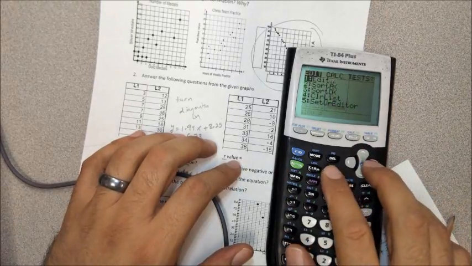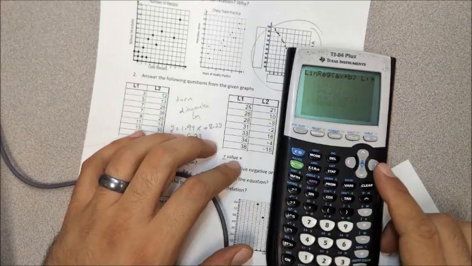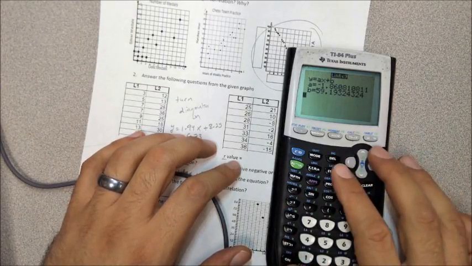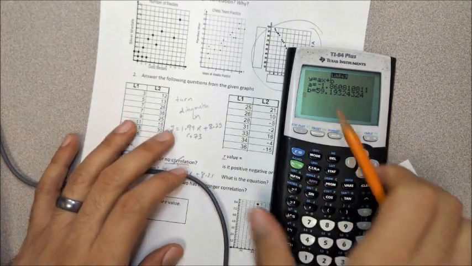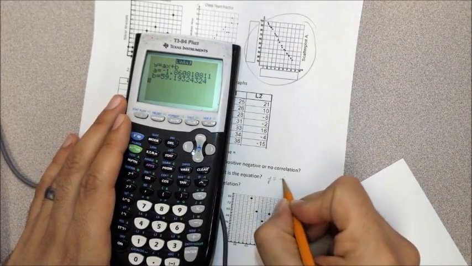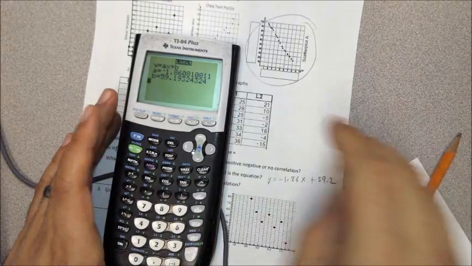Now, stat to the right for calculate. As you notice, we have a problem because I forgot to turn diagnostic on. So to do that, well, we can get the equation first. The equation is y equals negative 1.86x plus 59.2.